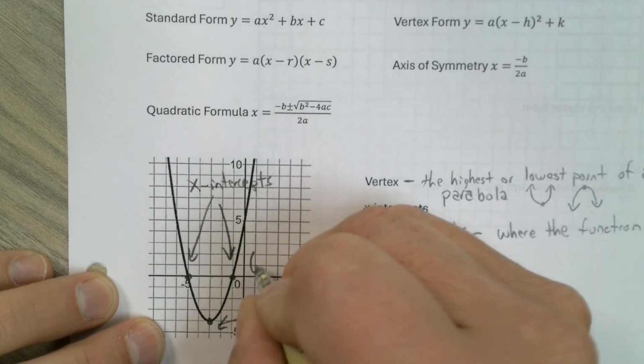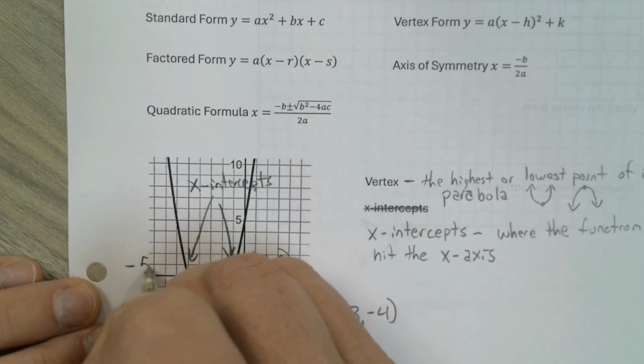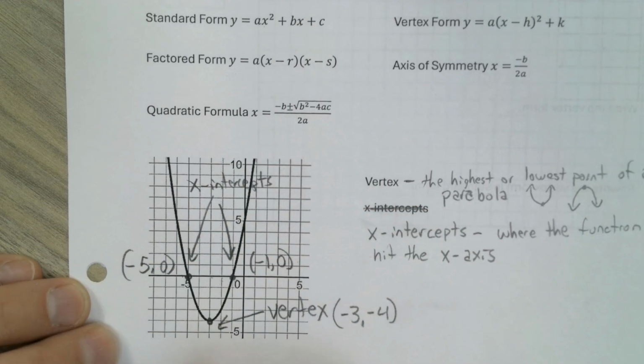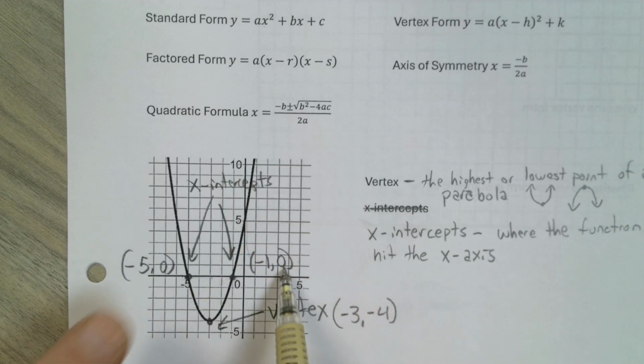This one is going to be -1, 0, and this one is -5, 0. And x-intercepts will always have a y value of 0 because they're on the x-axis. We're not above, we're not below, right? If you go this way, y goes positive. If you go this way, it's negative. But right here, your y value is 0.